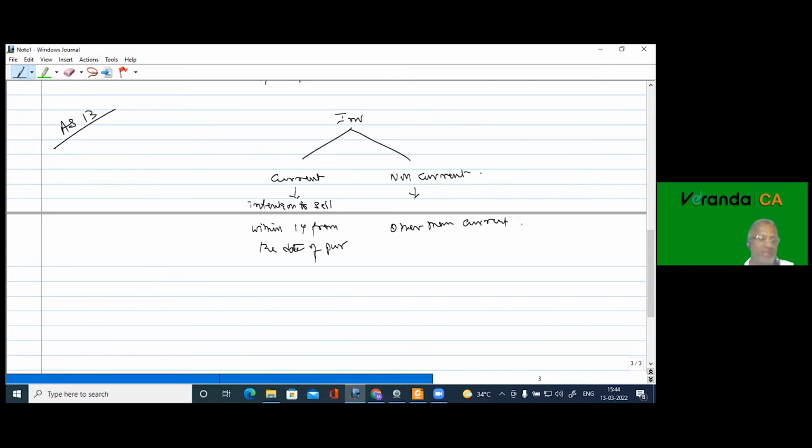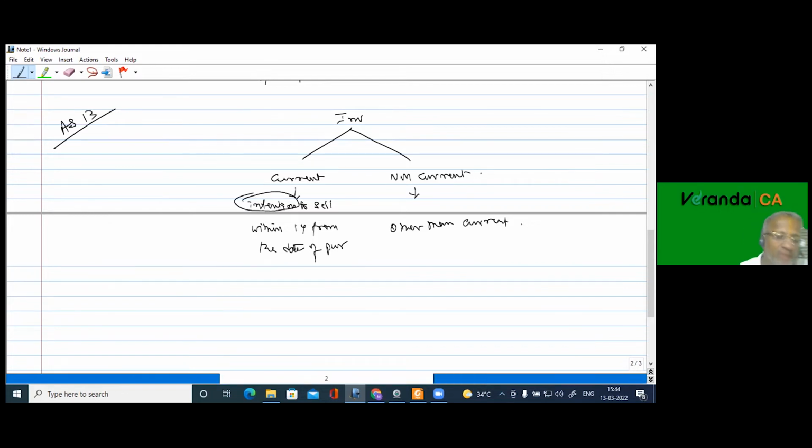That makes the matter easier. So upon purchase itself, you can classify as current or non-current depending upon the intention that you have.